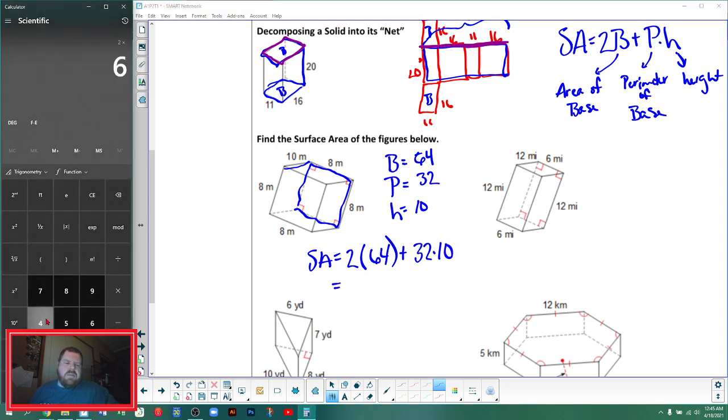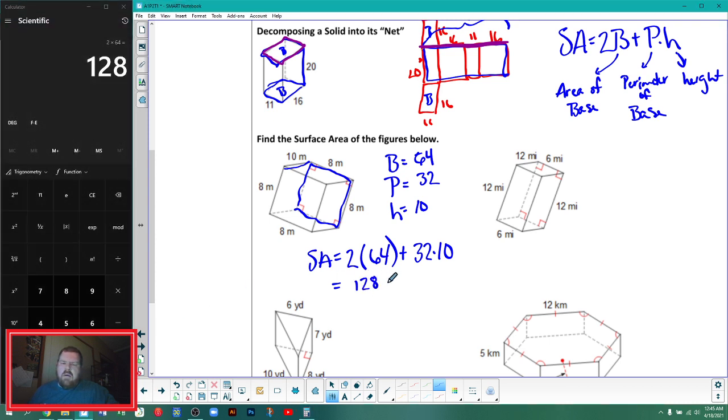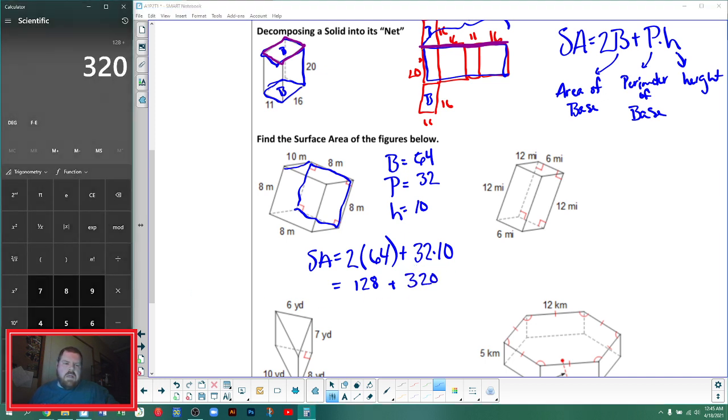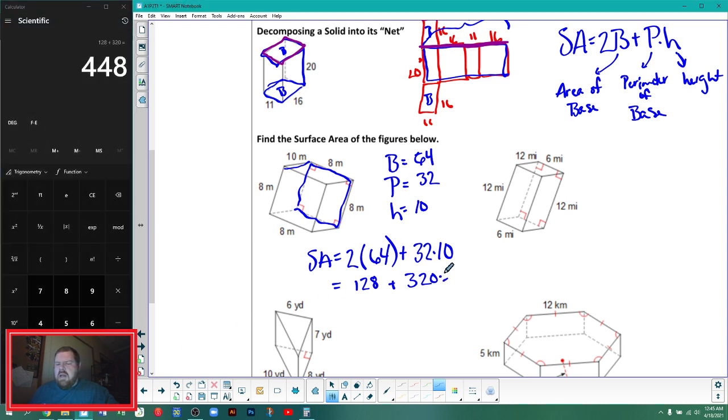Just to check, 2 times 64 feels like 128. 32 times 10 is 320. So we'll add on a 320. And I get 448. And those are meters, and that's a squared measurement, because again, it's the amount of paint that I need to cover that shape.